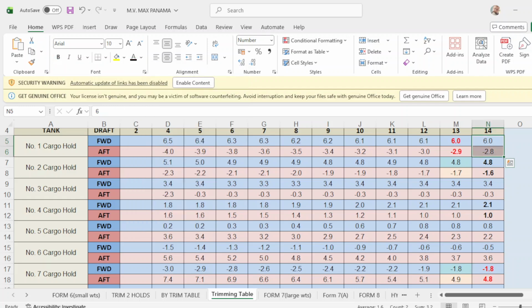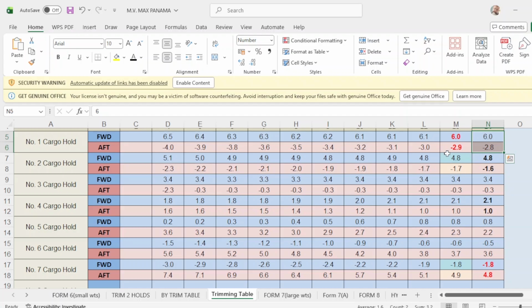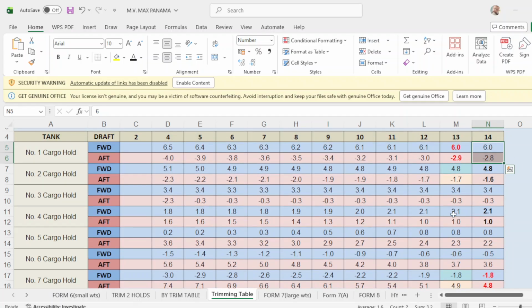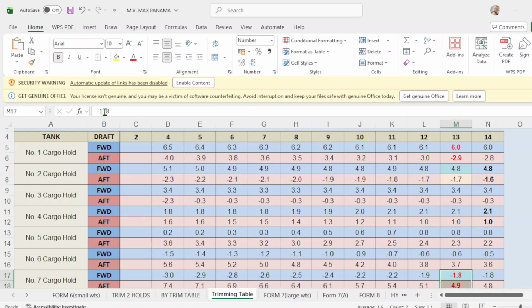Then we go to hold number 7. Almost 13 meters, 13.3, so this one we use. And take out the highlight. And this one, number 7, forward and aft. Make this highlight red and black color.